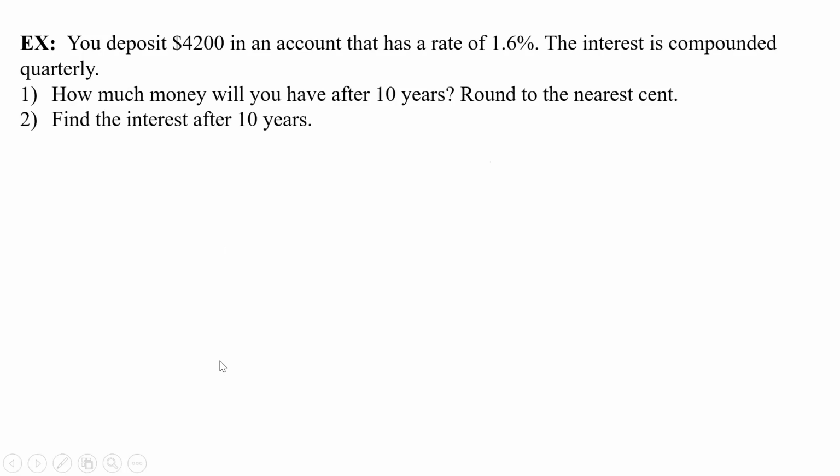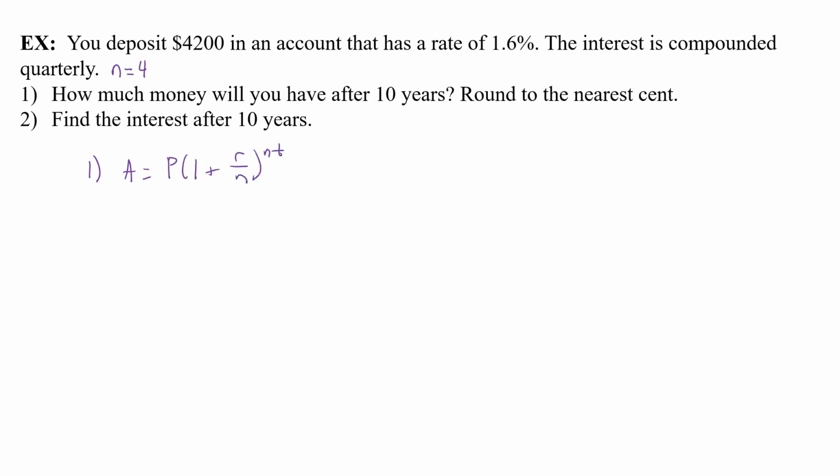So, for example, if you deposit $4,200 in an account that has a rate of 1.6%, and the interest is compounded quarterly. What does quarterly mean? Remember, that's n equal to 4. Then find how much money you will have after 10 years, and round to the nearest penny. All right, so we have A equals P times (1 plus R over n) to the nt.